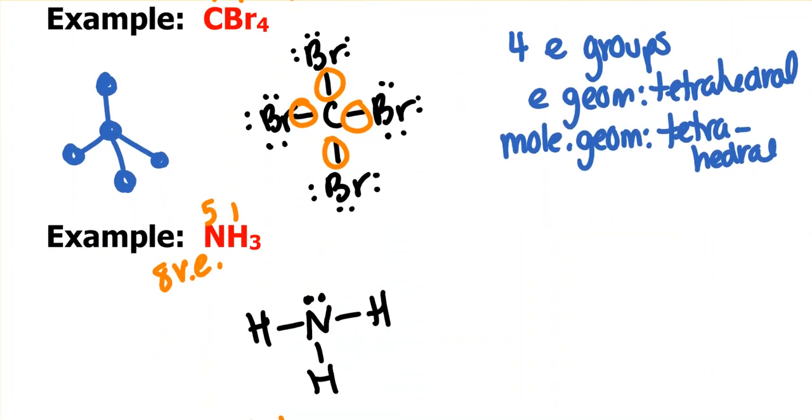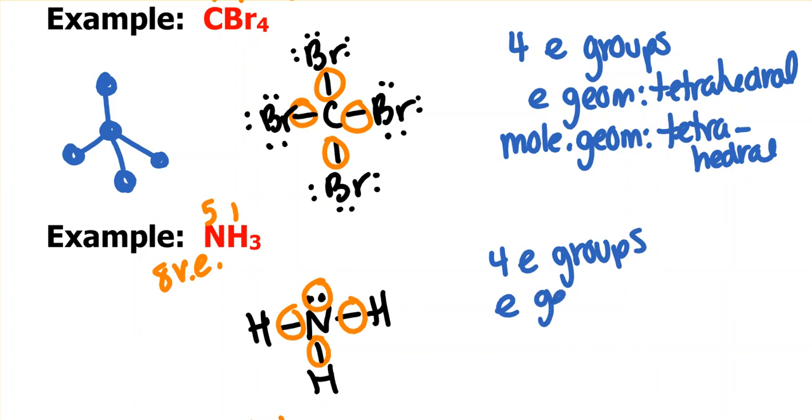Okay, on this one, we have 4 electron groups. Again, like I said, all of these will have 4. Our electron geometry on all of the ones we're doing in lab is tetrahedral.